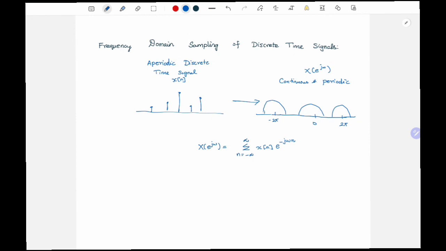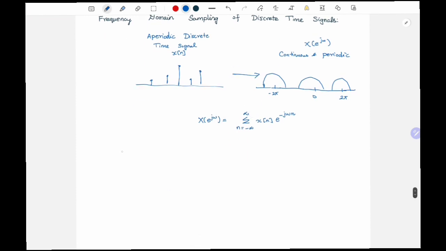Okay, so now we are saying we want to sample the frequency domain. But why is it necessary? Because all our computations are done on a digital signal processor. So in a computer, we are not performing any continuous time operation. Everything is discretized and digitalized. So if you have to perform a frequency domain analysis, sometimes we want to look at the spectrum, right?